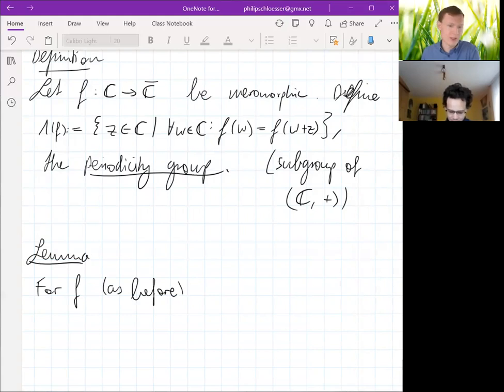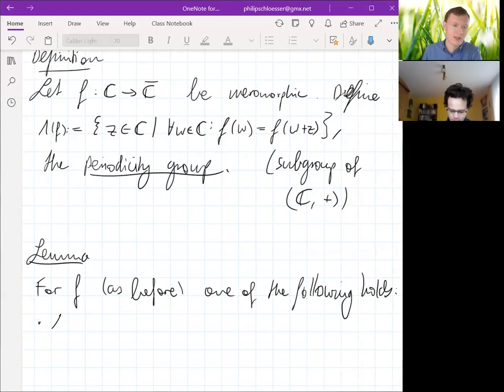One of the following always holds. Firstly, this periodicity group can be all of C. Then we call f a constant function.